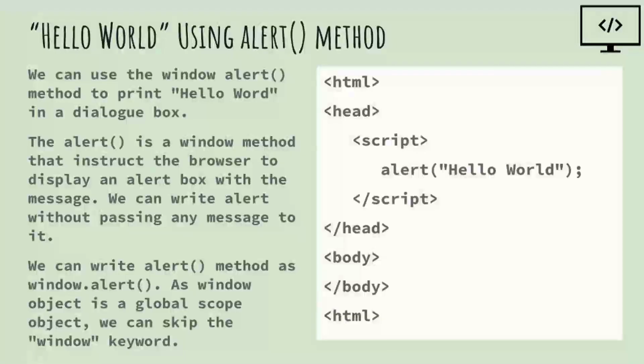We can write it as window.alert, but in JavaScript, window is the default global object, so we can skip the window keyword and directly write alert. For reference, you can see the code written on the right side of the screen.